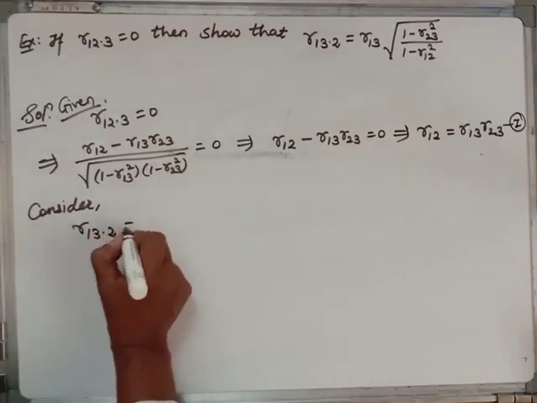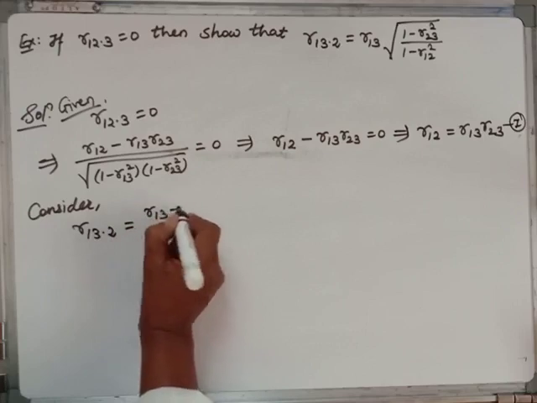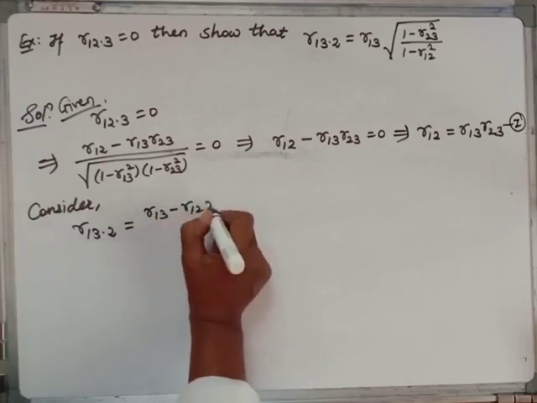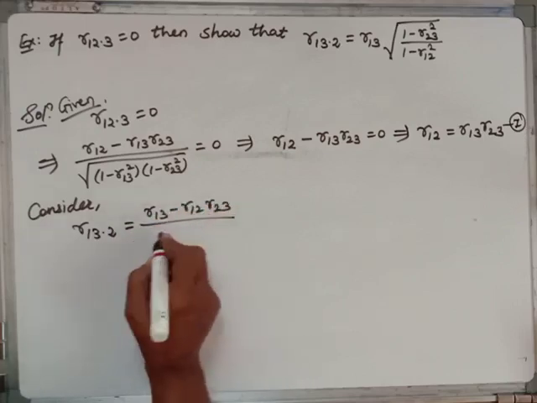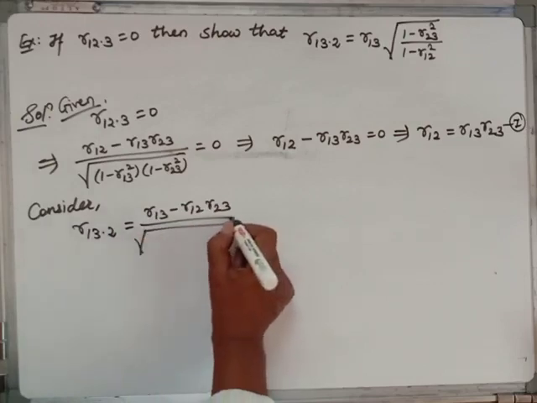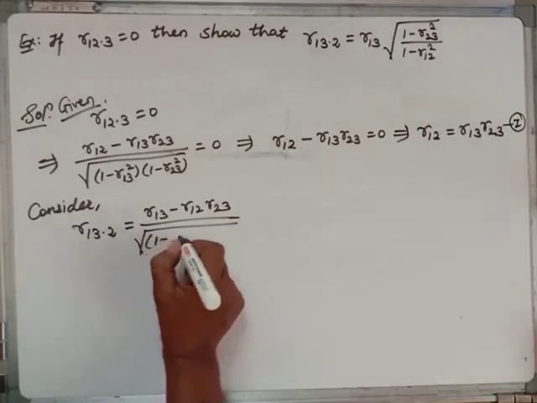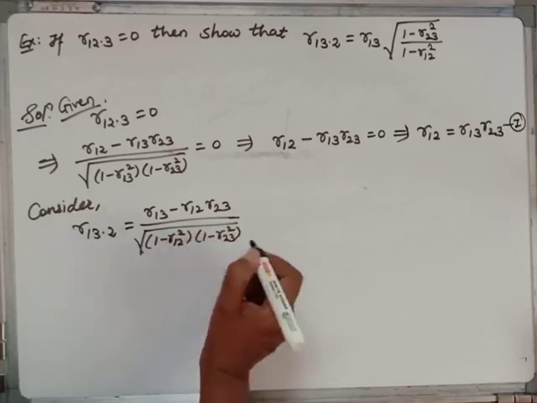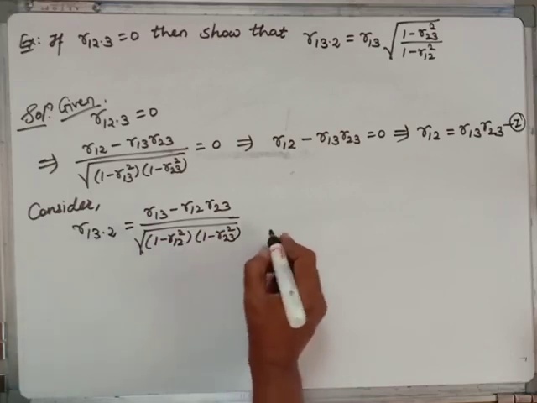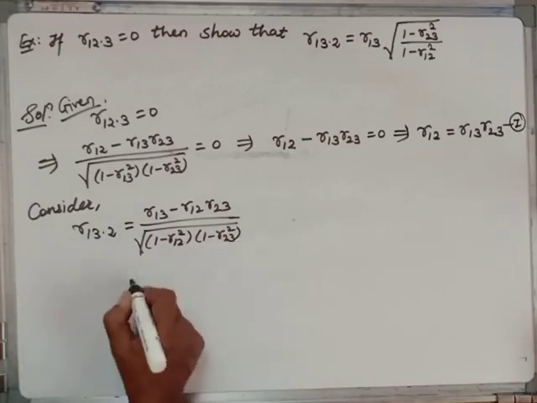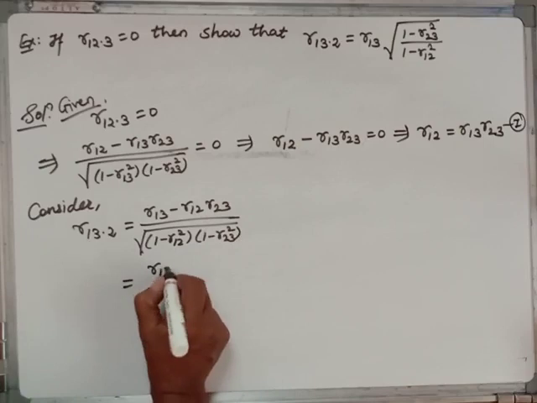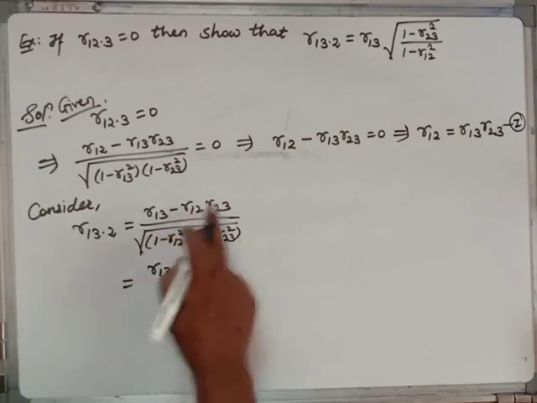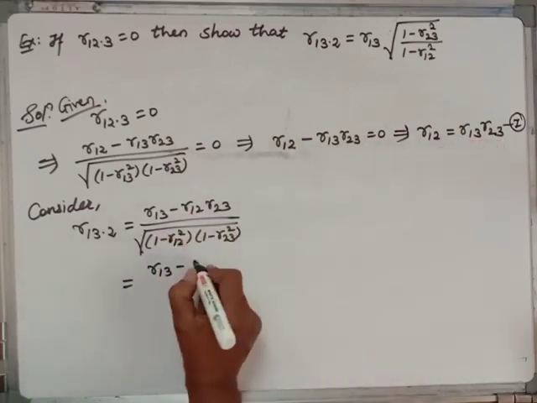R13.2. So it is R13 minus R12 R23 upon root of what? 1 minus R12 square into 1 minus R23 square, right? So this is equivalent to R13 minus R12 will be replaced using this. So R12 is what?